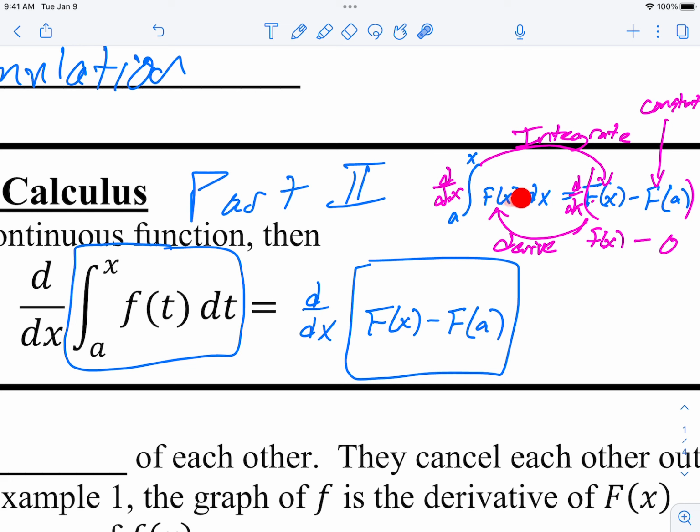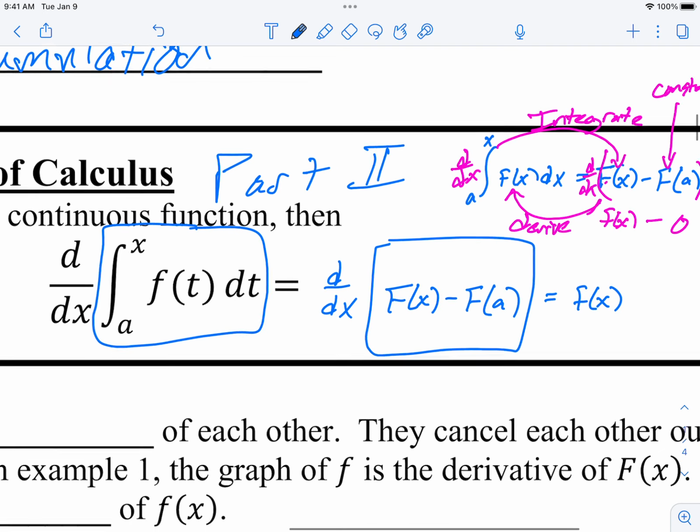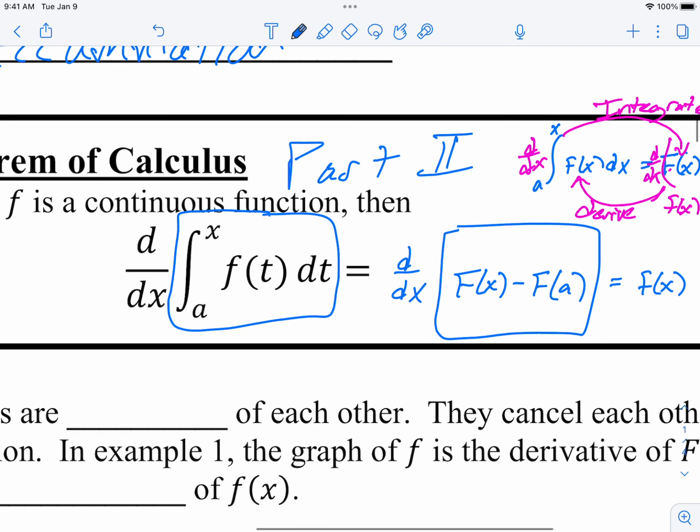So this is the long way of me showing that when I derive this thing, I'm going to do it nice and formal like. I just get the derivative of big F of x is just little f of x. And the derivative of the constant that you get from putting a number into the function is 0. The derivative of any number is 0. So it's just ol' f of x. So the long and short is we're going to memorize this crazy thing.